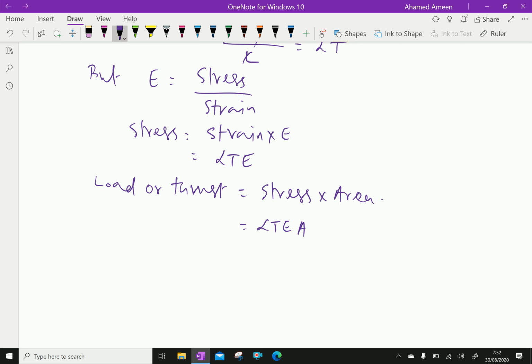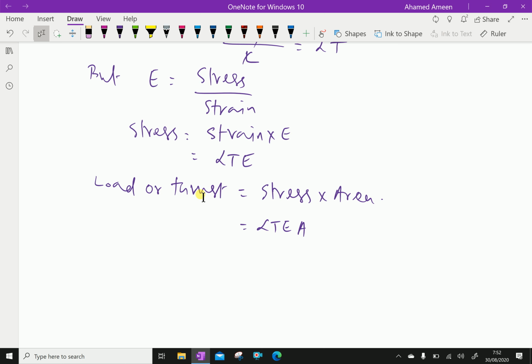Now, if the ends of the body are fixed to rigid supports so that its expansion is prevented, then compressive stress and strain will be set up in the body. These stresses and strains are known as thermal stresses and thermal strain.